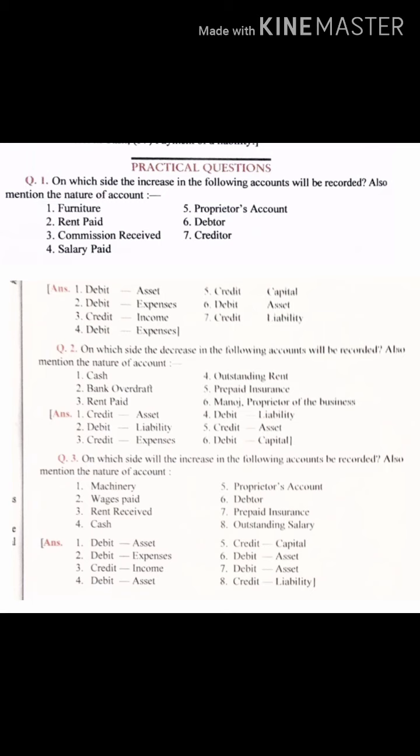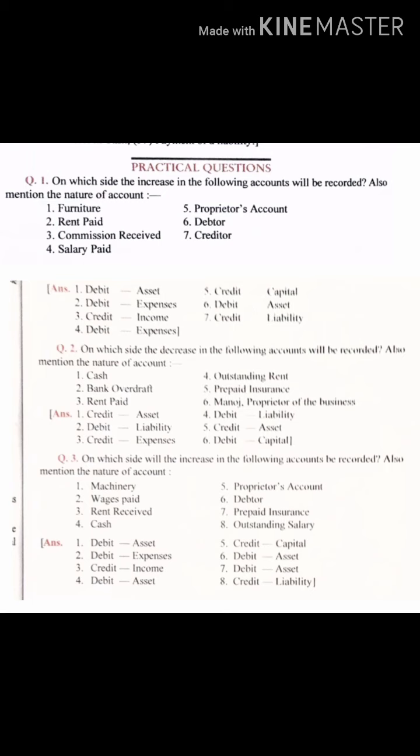We have already studied, when we are receiving any revenue or income, which side will it go? It will go on the credit side. Then next is salary paid. Again expenses, or you can say losses. So whenever it is an expense, we record it on the debit side.